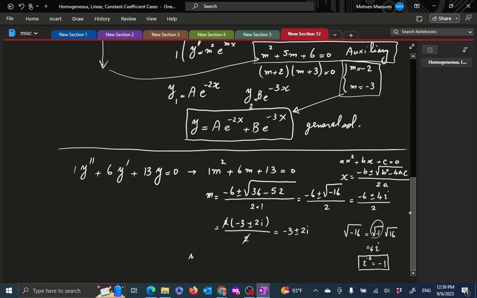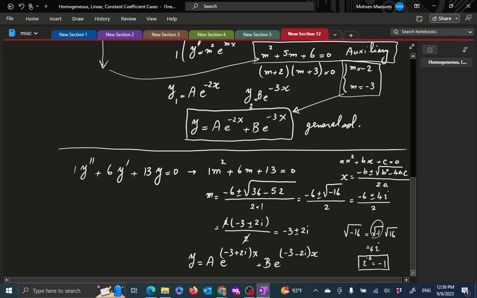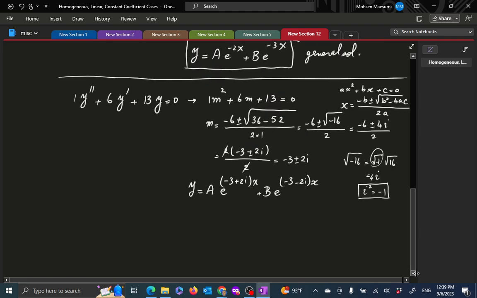So I can write my solution, just like we learned here, as some multiple of exponential of minus 3 plus 2i times x, plus some number times exponential of minus 3 minus 2i times x. And I'll be done. That is my solution.